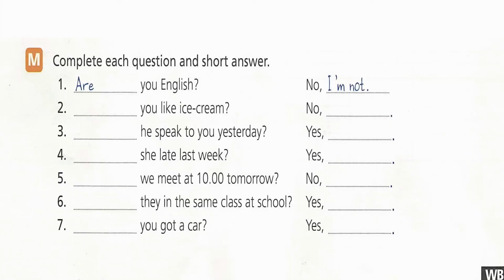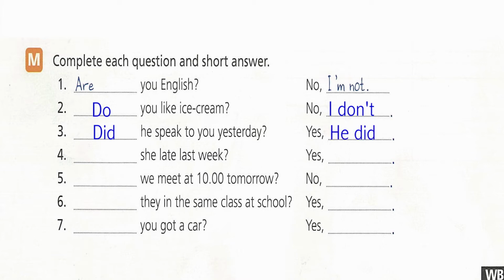Can you see the 7 questions that you have on the screen? Complete each question and short answer. Are you English? No, I'm not. Do you like ice cream? No, I don't. Did he speak to you yesterday?